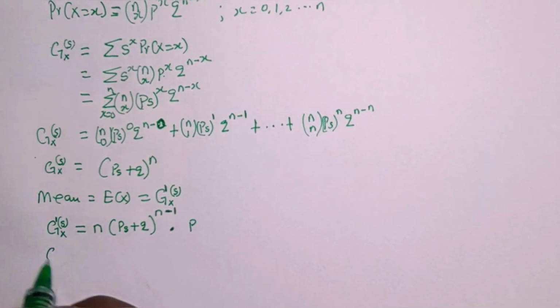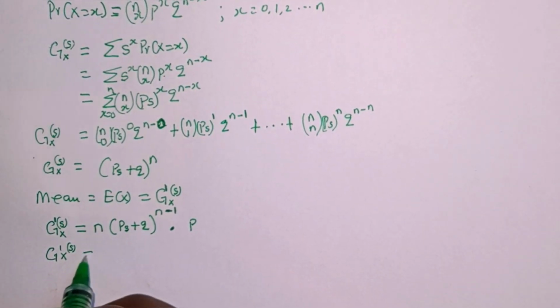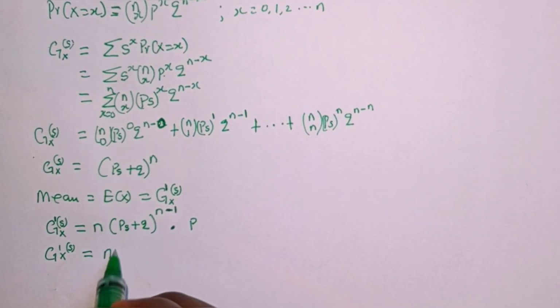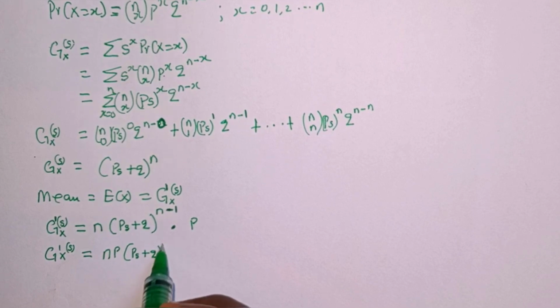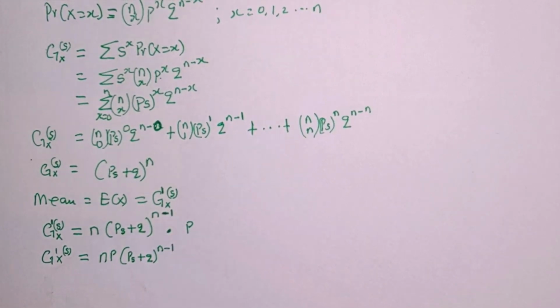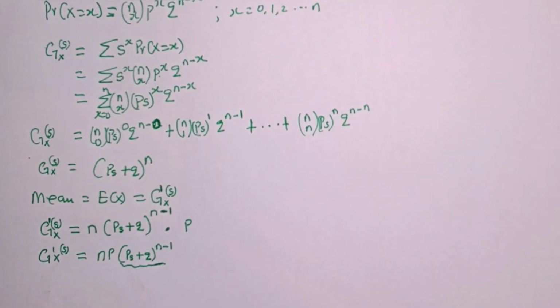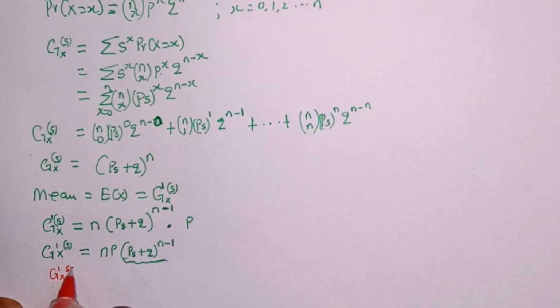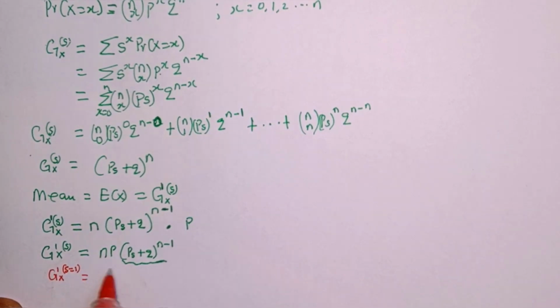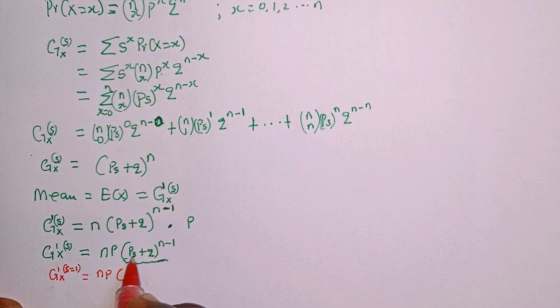So the next thing we're going to do, we have G at first derivative of s sub X, which is the same as n multiplied by p is np, then ps plus q raised to the power of n minus 1. But recall that the whole of this here is the same as 1, because when you substitute s equals 1, G prime of X at s equals 1 is going to give us np, then in place of s here is 1.